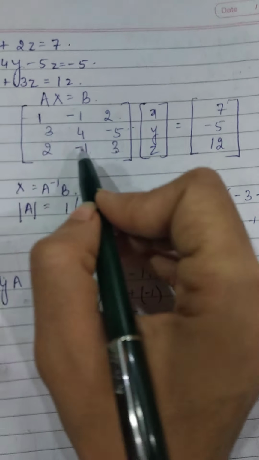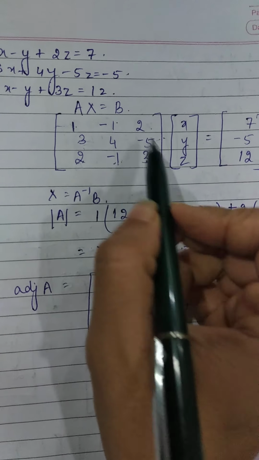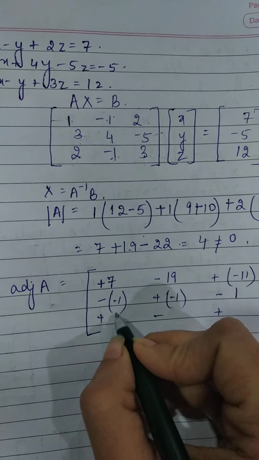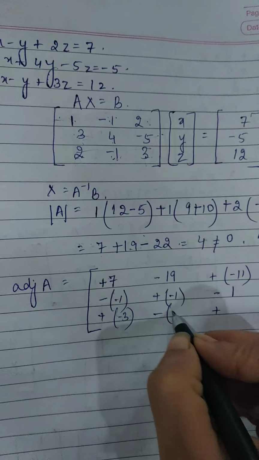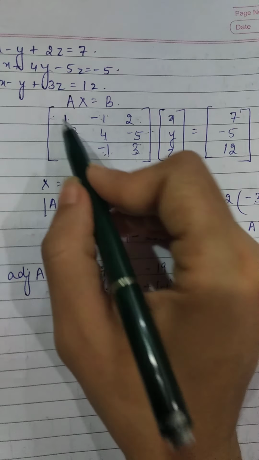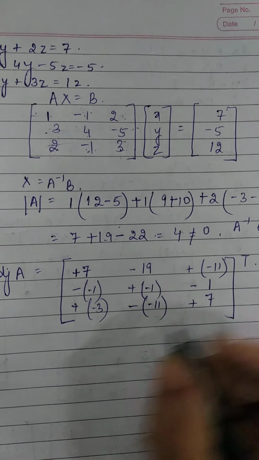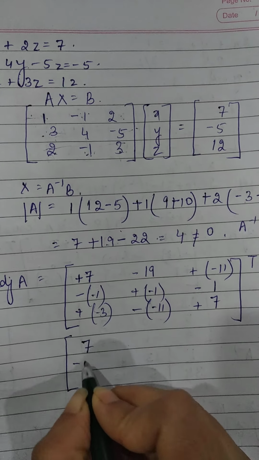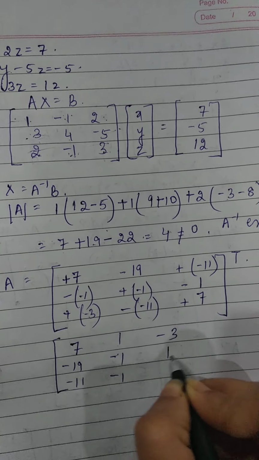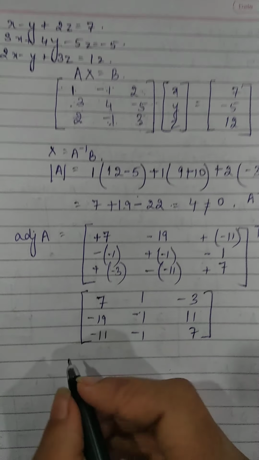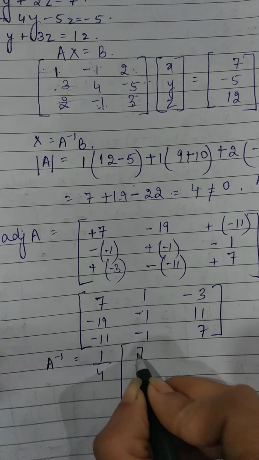Minus 1 plus 2 is 1. Likewise 5 minus 8 is minus 3. Minus 5 minus 6 is minus 11. And 4 plus 3 is 7. Its transpose gives us 7, minus 19, minus 11, 1, minus 1, minus 1, minus 3, 11 and 7. Now A inverse is 1 by 4 times the adjoint of A, upon its determinant.